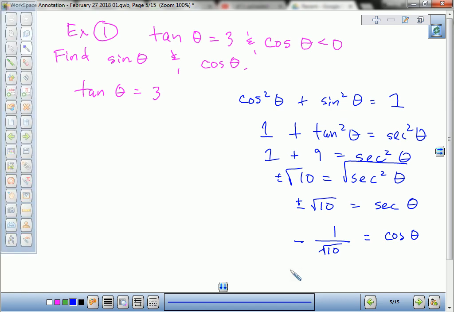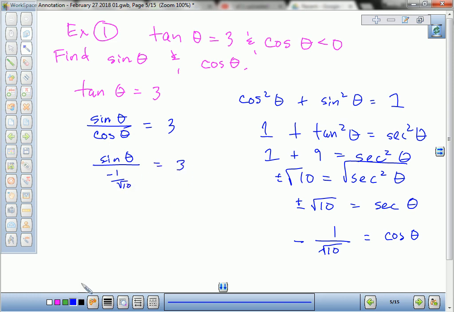Now, when we think about tangent, if we think about that quotient identity, we know that tangent is equivalent to sine of theta over cosine of theta. Right? We just found cosine. So sine of theta over negative 1 over root 10 equals 3.